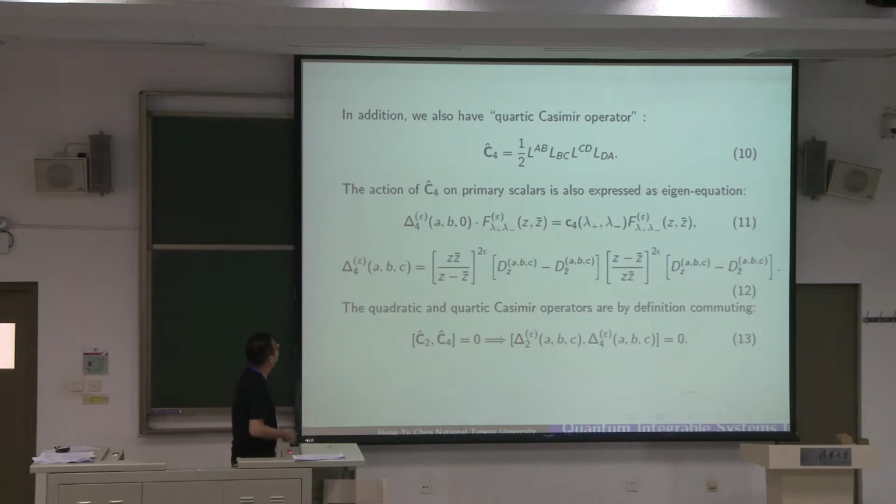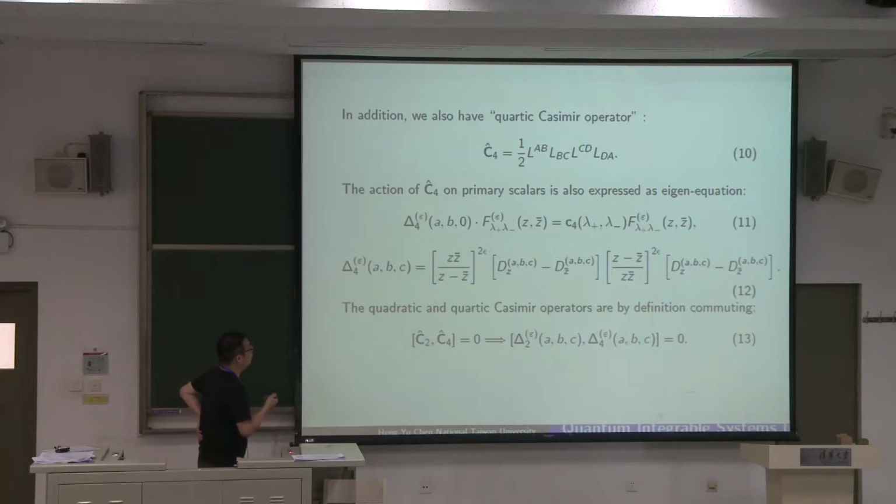Okay. So in addition, to determine the form of a conformal block, that was sufficient. You just have to solve that differential equation. But in addition to those quadratic Casimirs, it turns out you can also form a so-called quartic Casimir operator. Basically, just take 4 of those Lorentz generators and contract indices and so on. And again, they will be expressed in terms of those differential operators dz and dz bar I defined earlier.